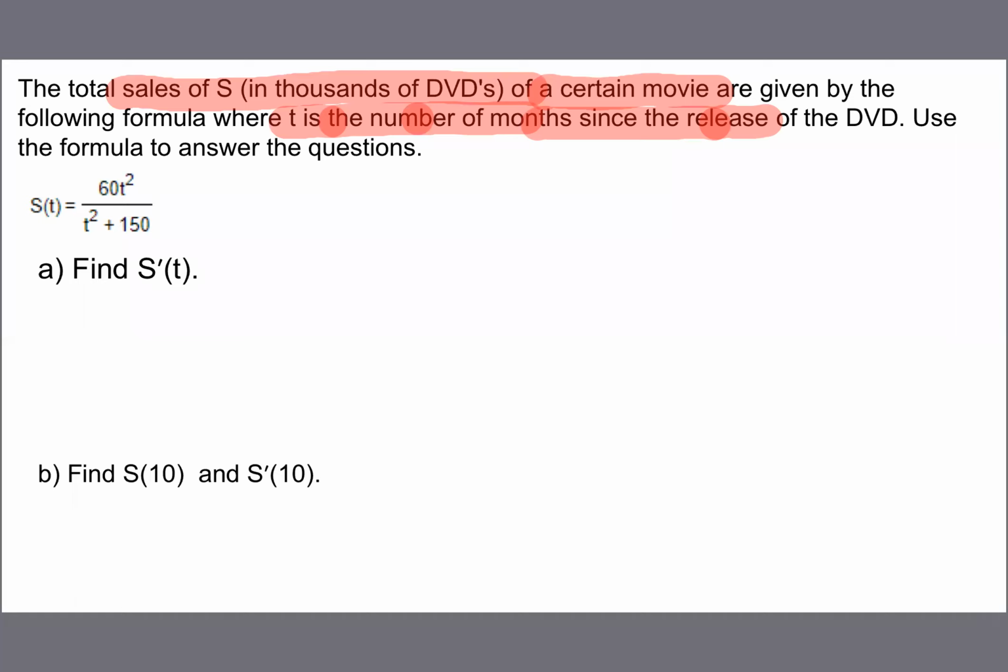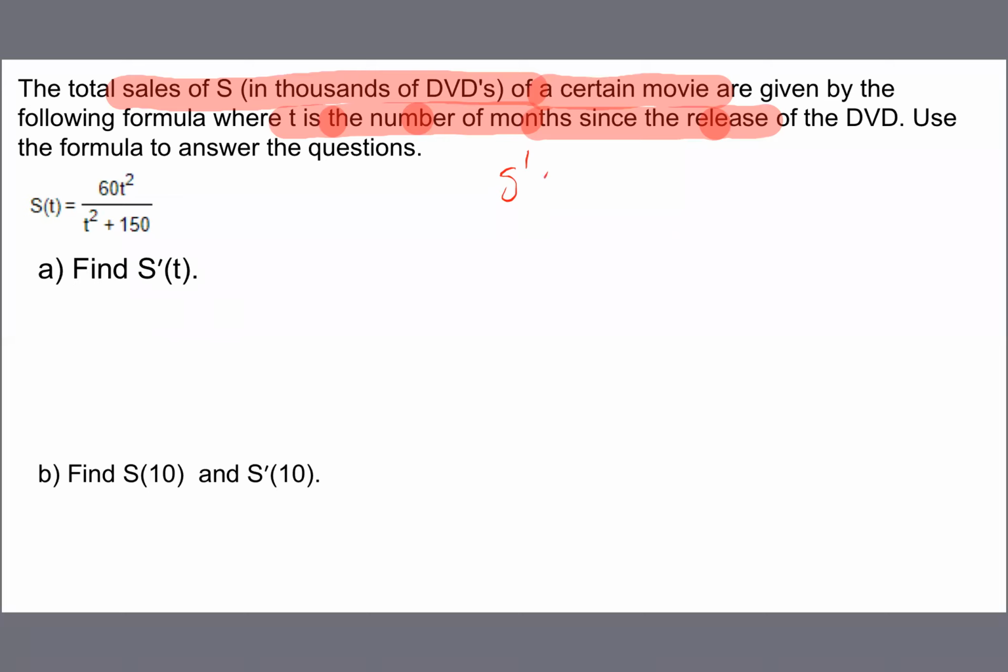So we're given S of T equals 60T squared over T squared plus 150. We're asked to find S prime of T. Since our sales function is a fraction, we have to use the quotient rule to find the derivative. So let's write that here on the side.